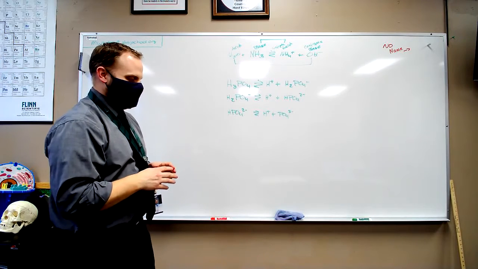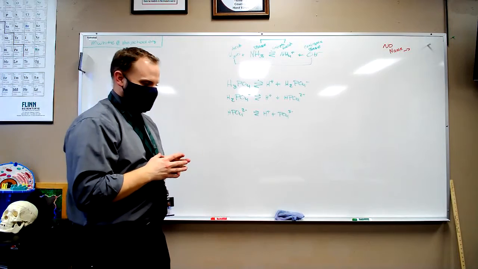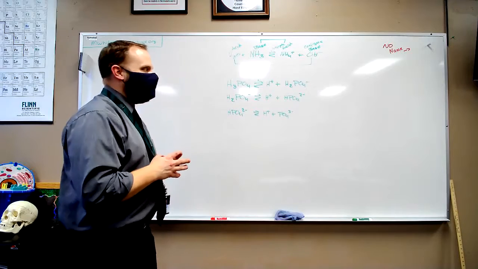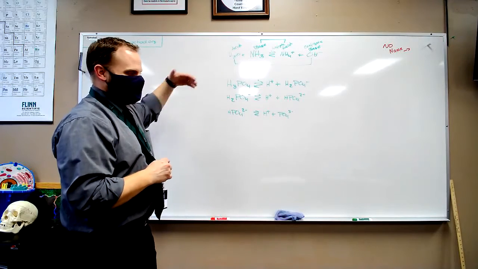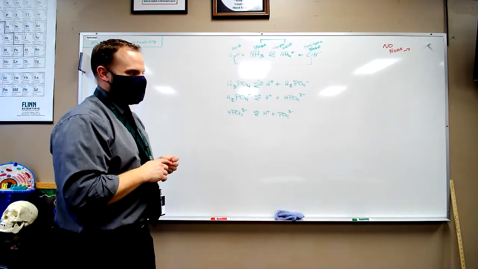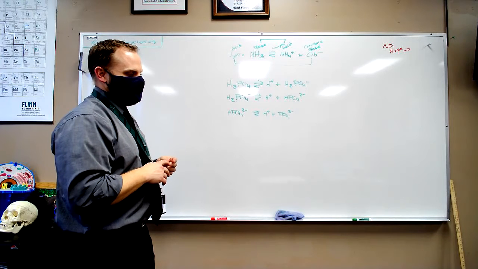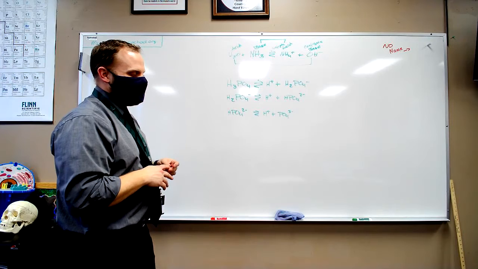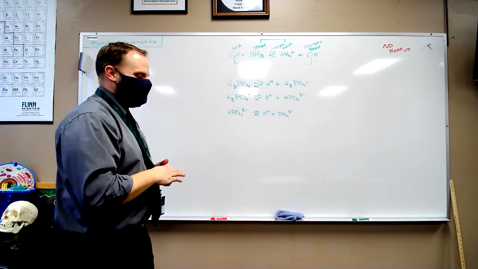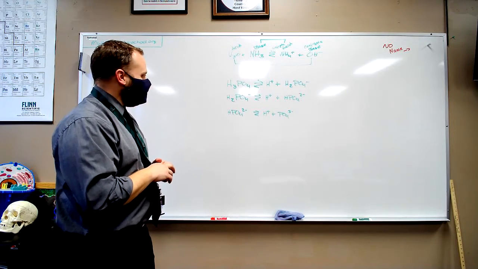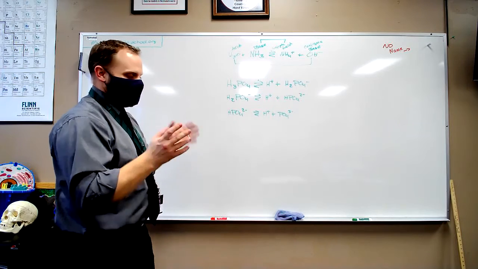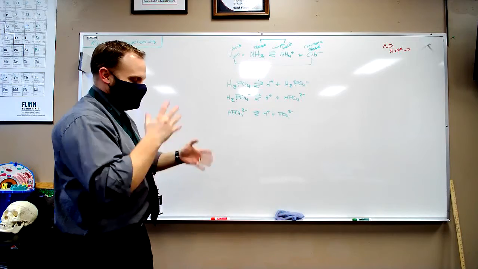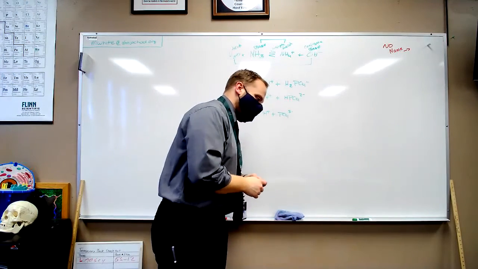There's a technique called titration that will allow us to determine the concentration of, well, you can go either way, either concentration of an acid or the concentration of a base. I tend to do it so that we know the concentration of a base and figure out the concentration of the acid. But yeah, so we'll do that, and we'll talk about the interaction between acids and bases.